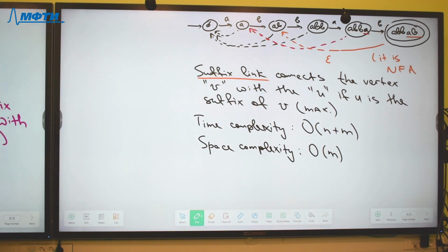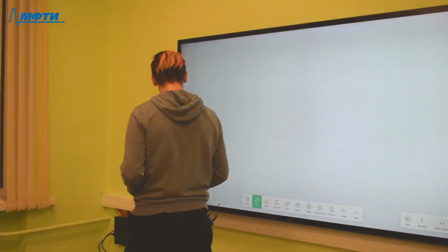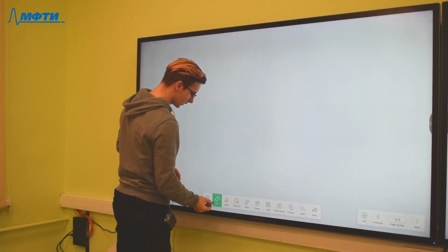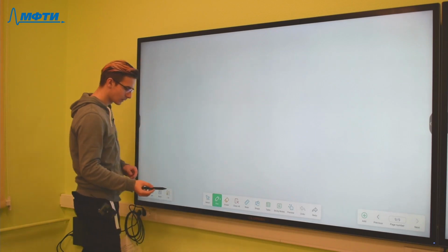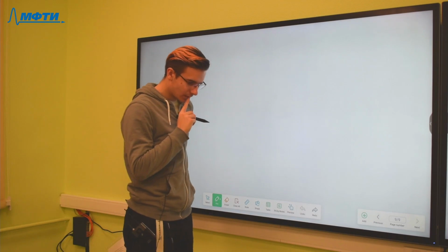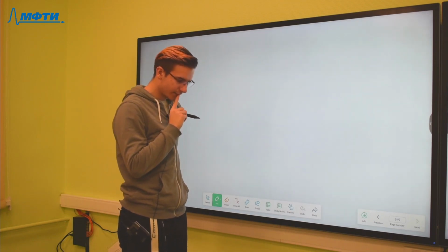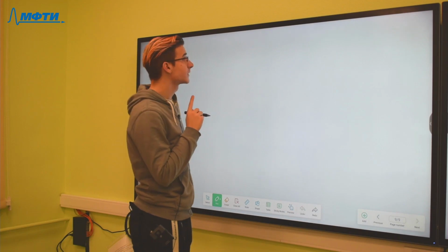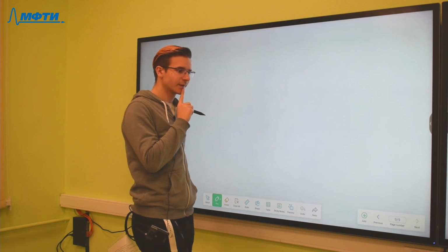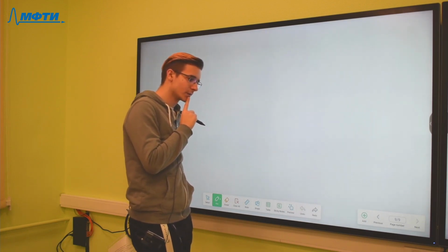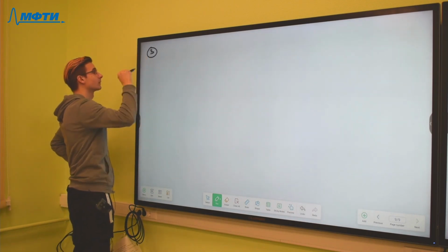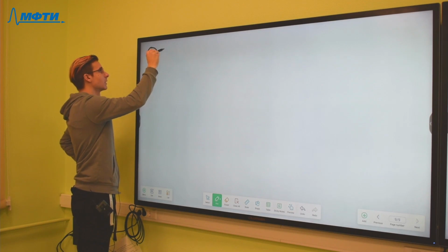So the next part is NFA. Now we talk about other types of finite automaton, and next time we talk about other algorithms that are connected with finite automatons. So the third part is NFA.